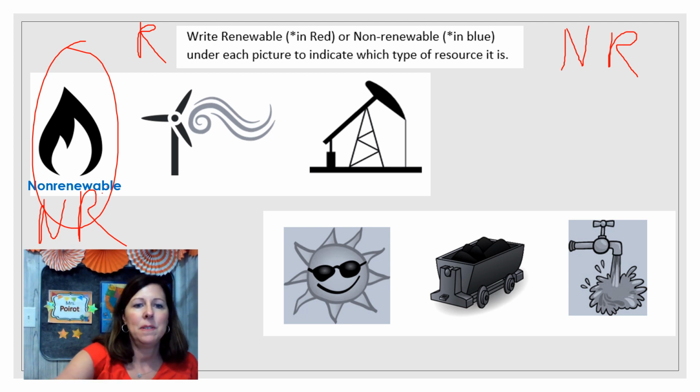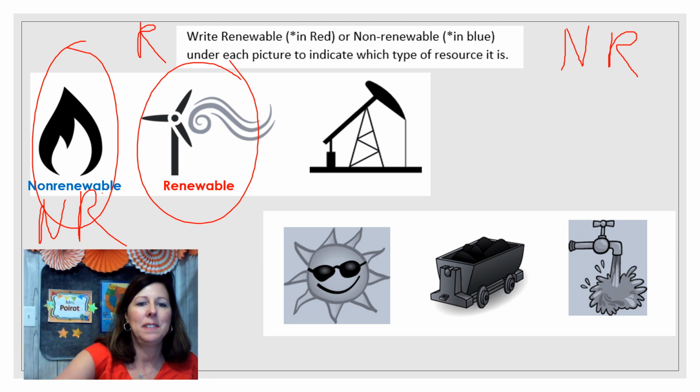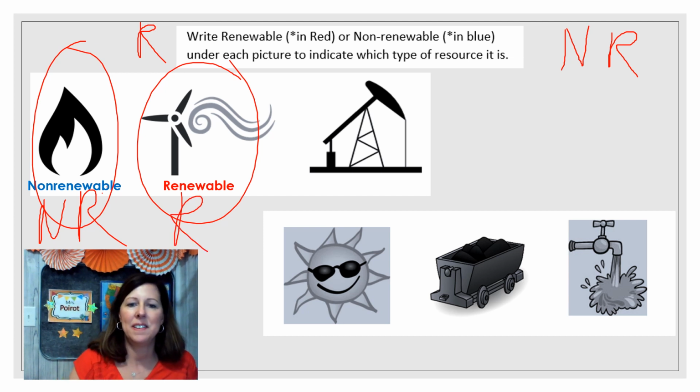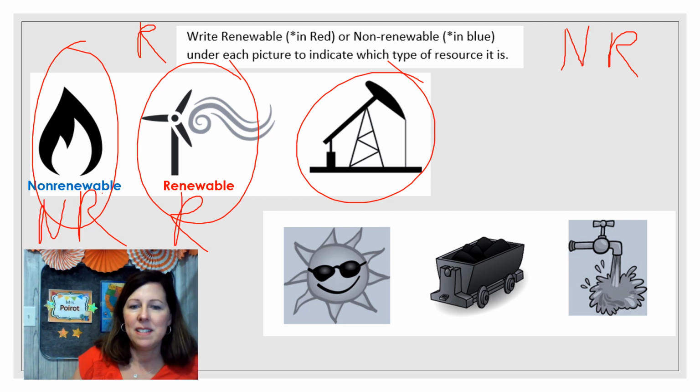All right, our next one, this is a windmill, or a turbine, they're called, and that creates energy from the wind. So do you think that is renewable or non-renewable? And that is renewable, so you should have an R underneath that one. Okay, we've probably all seen these either in real life or in the movies.